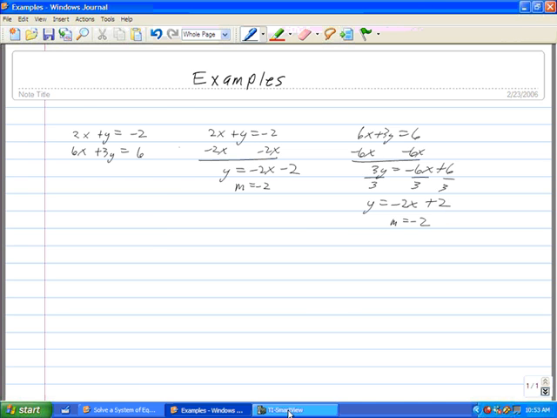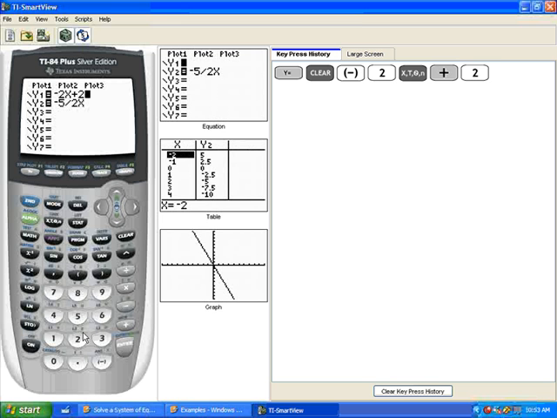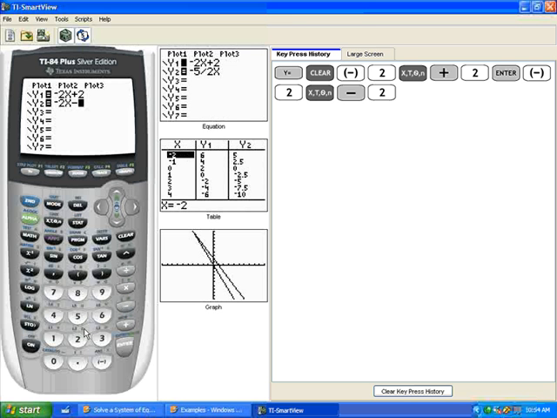Now we know what's going to happen, but we can look at it on the calculator. We have negative 2x plus 2 for one equation. We have negative 2x minus 2 for the other equation.